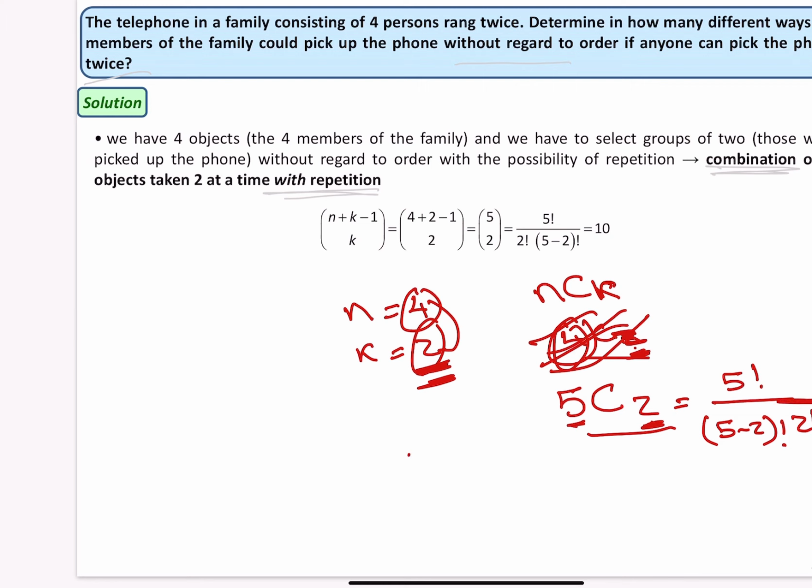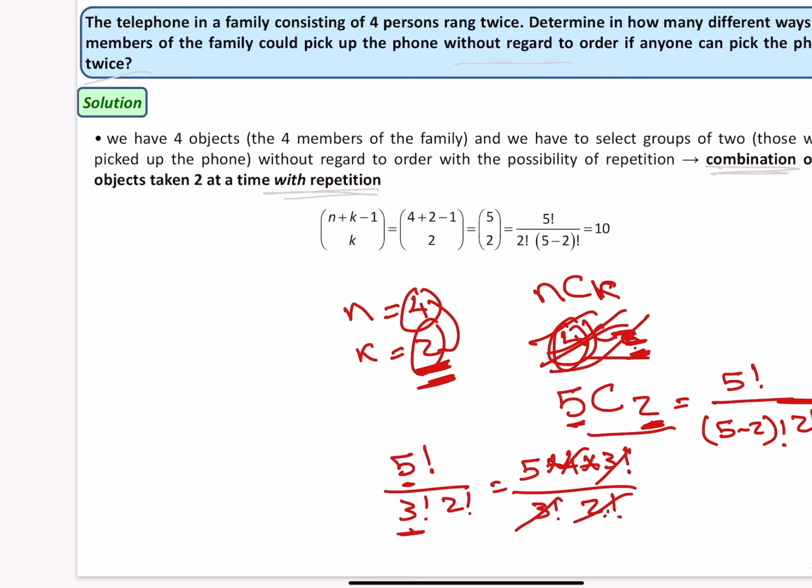So it will be 5 factorial divided by 3 factorial, 2 factorial. I'll choose the biggest one and expand it until we reach it. So it will be 5 times 4 times 3 factorial, over 3 factorial, 2 factorial. 3 factorial cancels with 3 factorial, and 2 factorial means 2. The 2 will cancel with the 4 and give us 2. So we end up with 10. I hope it is clear also.